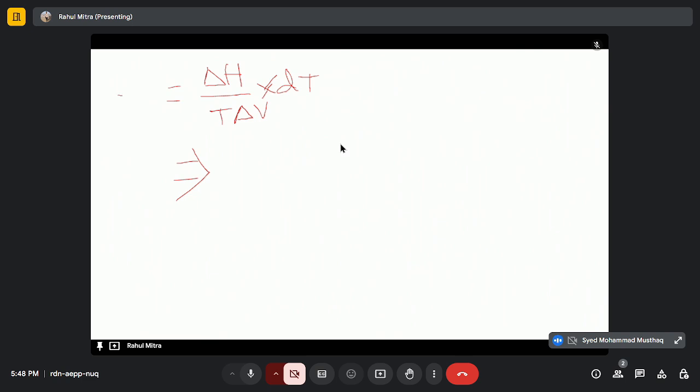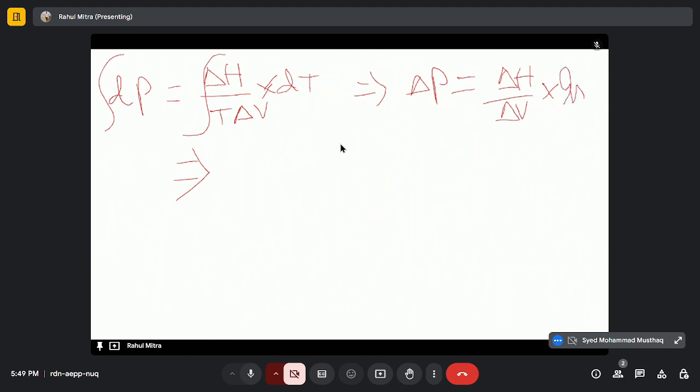Now if we try to integrate it on both sides, this will turn out to be delta P equals del H divided by del V multiplied by the natural logarithm of T2 by T1.